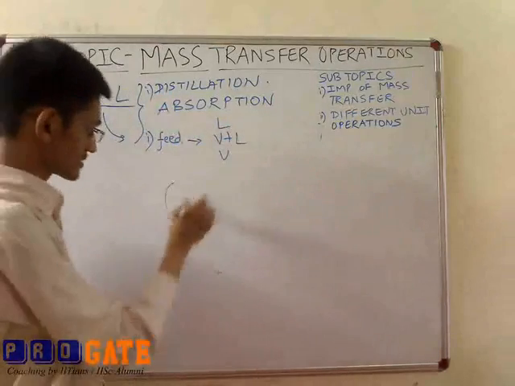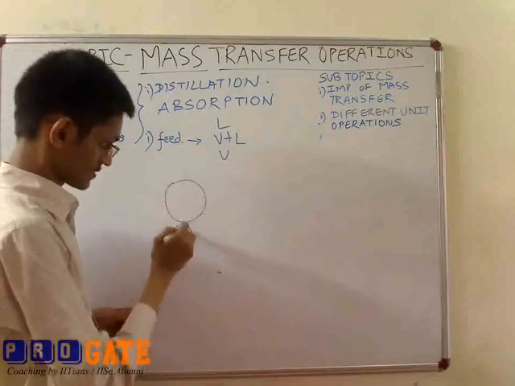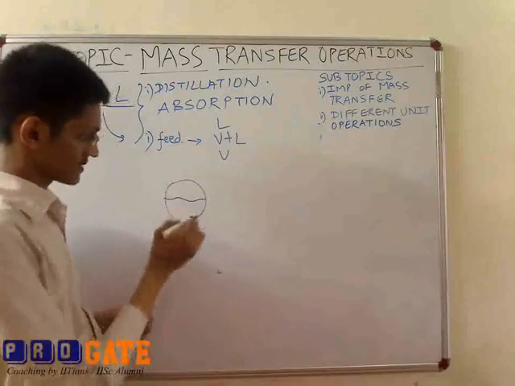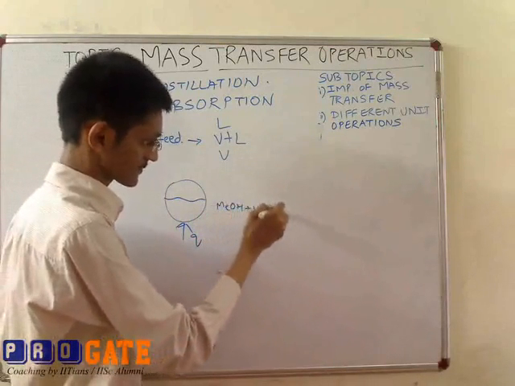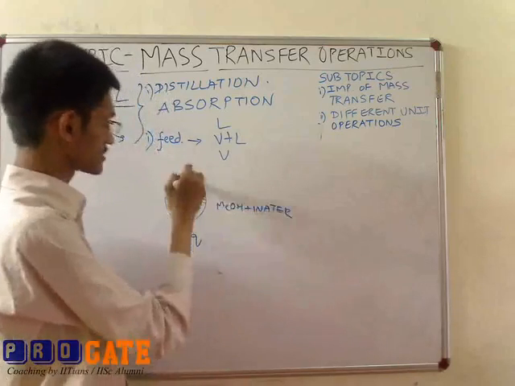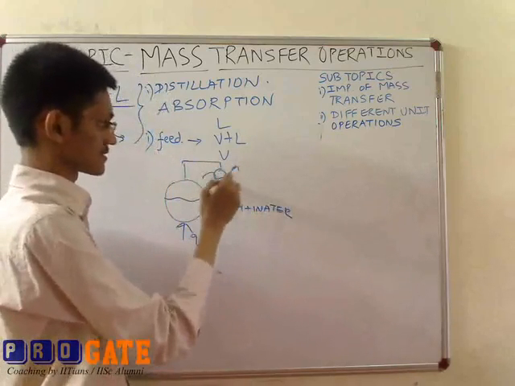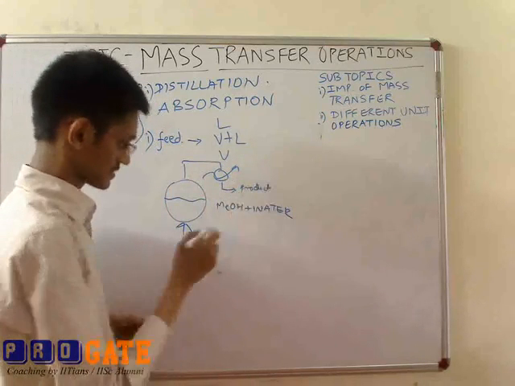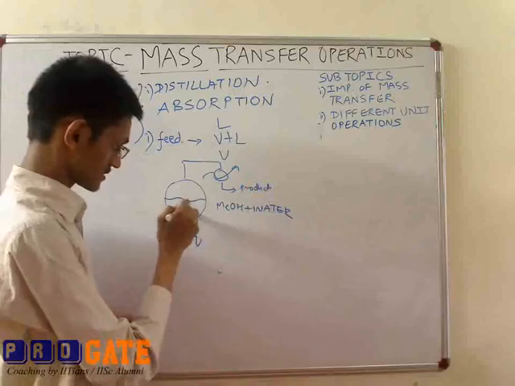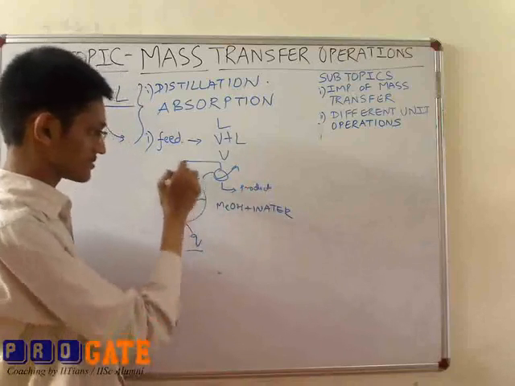You provide heat to the system. Let's take the example of MEOH plus water as the feed. We have provided heat to the system, so that may be the product. This is feed. We have provided heat input, vaporized.